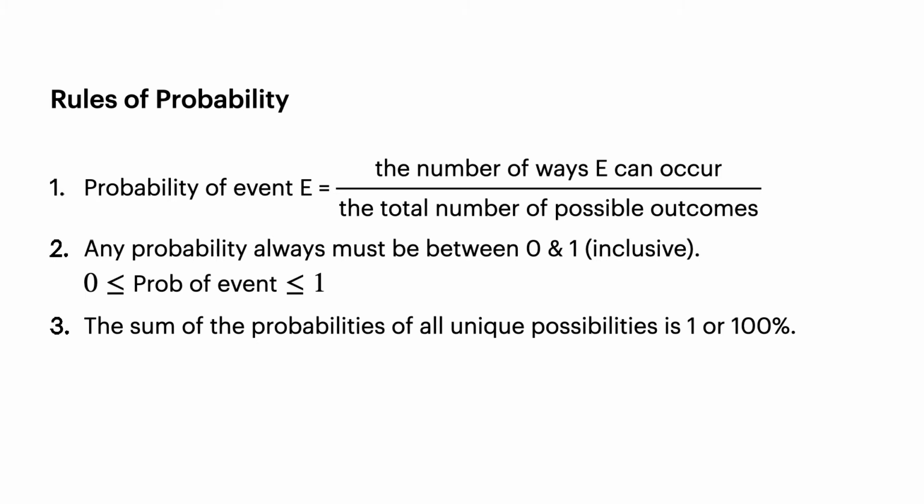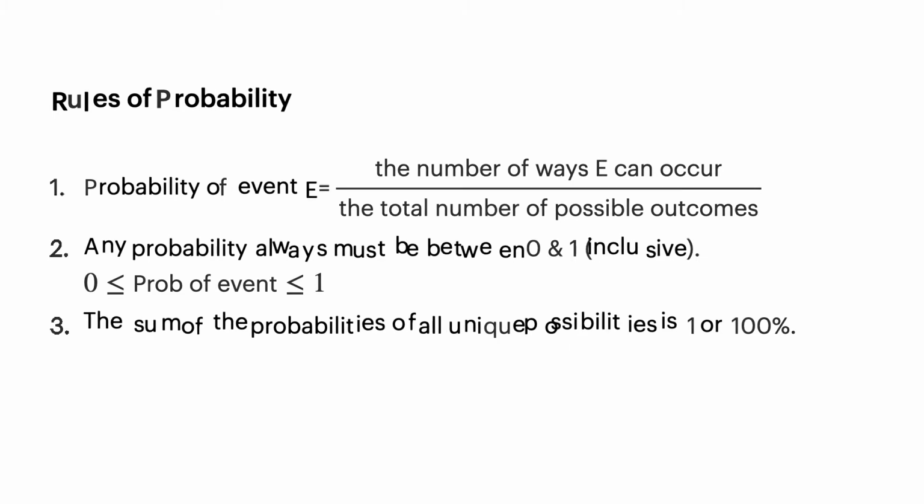All probabilities will land between 0 and 1. So you'll never have a negative probability. You'll never have the probability of something occurring that's greater than 100%. Also, the sum of all the probabilities has to equal 100%. We did use that in the last section, and we're going to continue to use that.